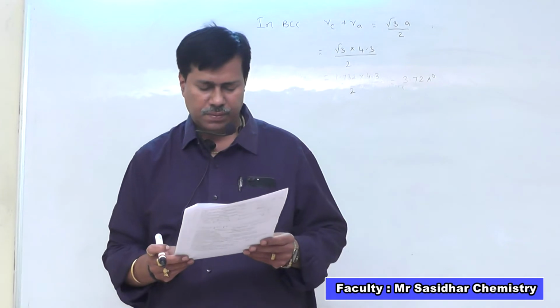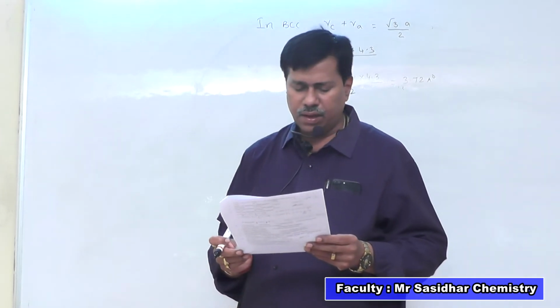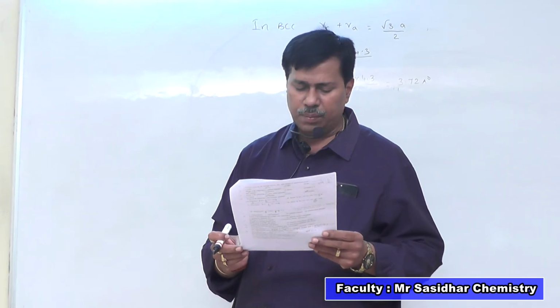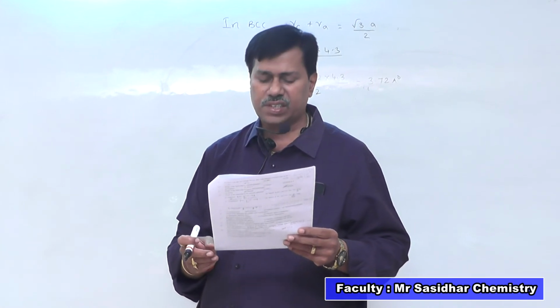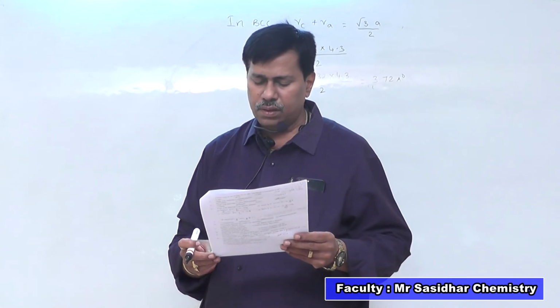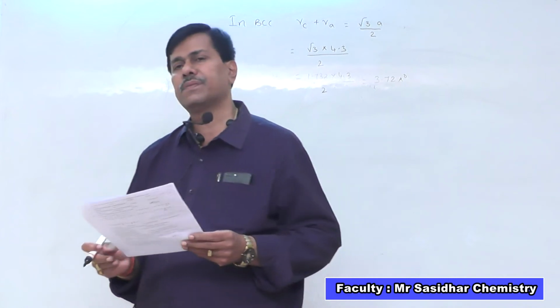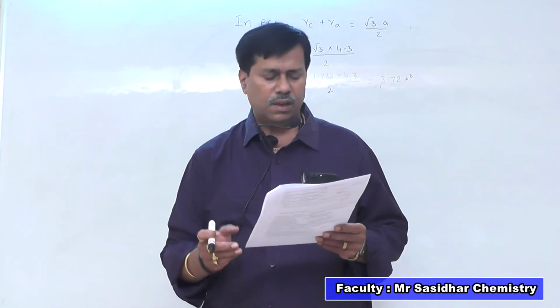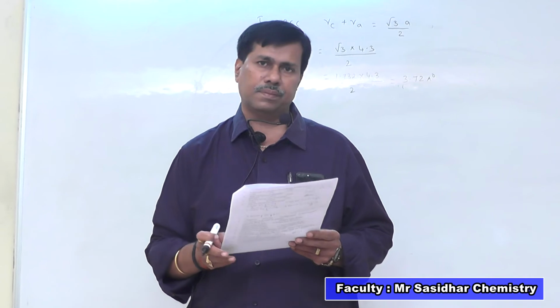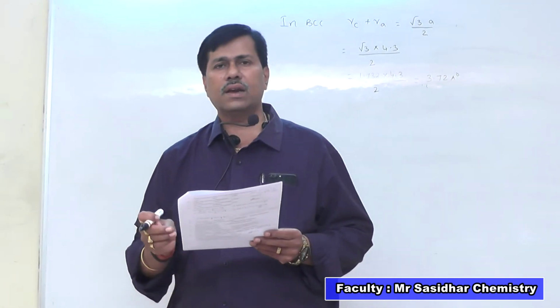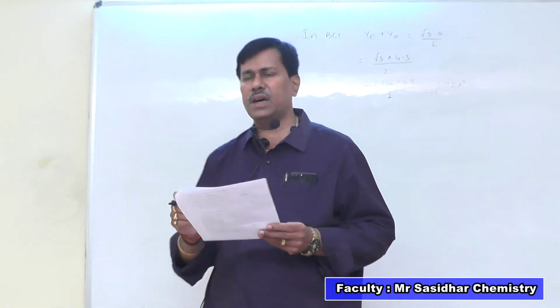Moving to 48. The ionic radii of Rb plus and I minus are given, 1.46 and 2.16 angstrom. The type of crystal structure. See, whenever cation and anion radii are given, calculate rc by ra.